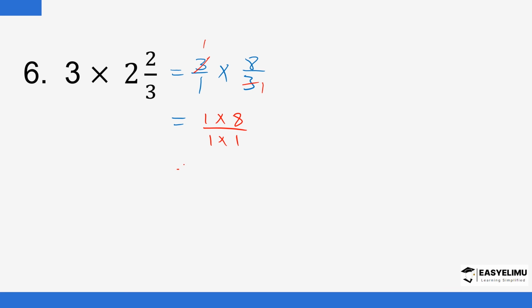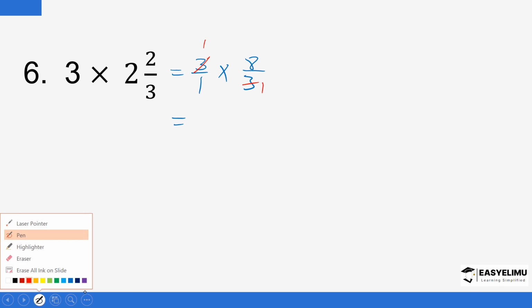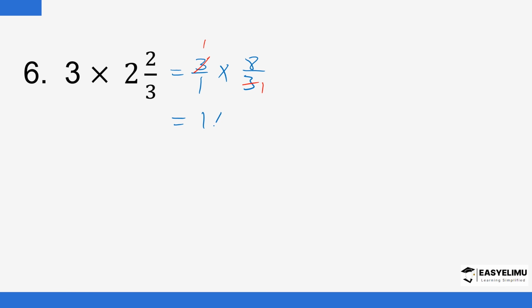So that is going to be 8 over 1, which is equal to 8. Again, you can't leave your answer in that form. The 1 has to be removed so that it is 8 as the answer.